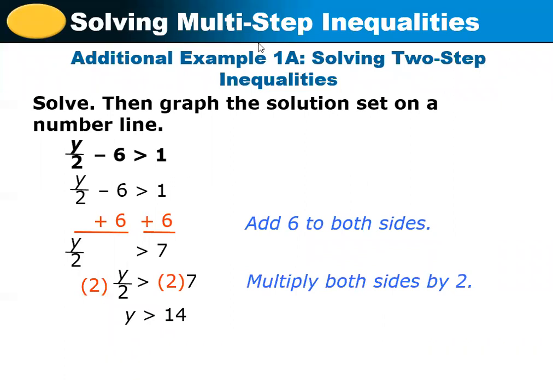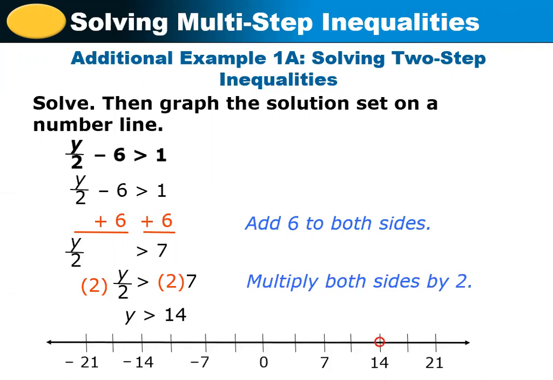If I substitute the value of y by 14, will the inequality be correct or wrong? If I put 14 more than 14, is this correct? No. For this reason, it will be more than 14.